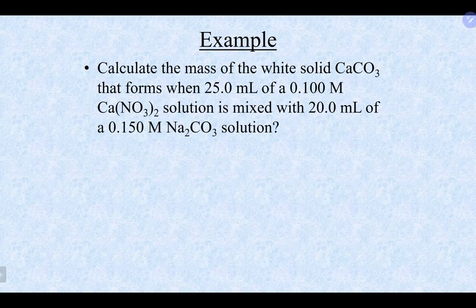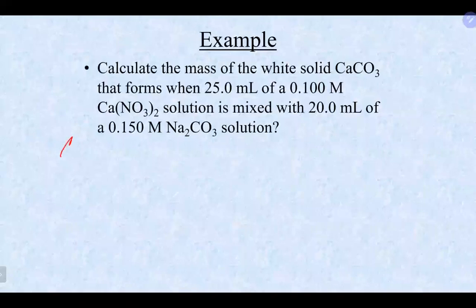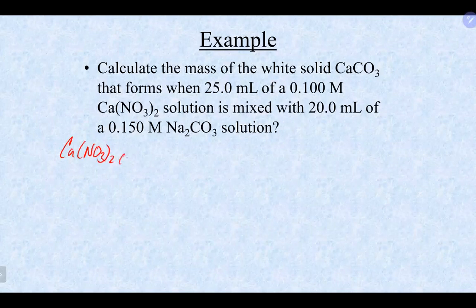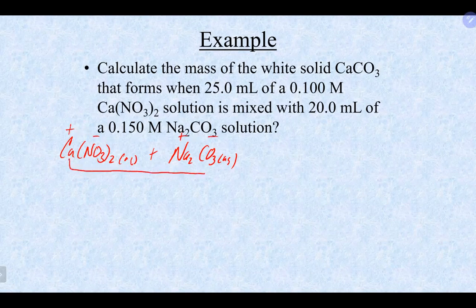So I'm going to give you some information here. And again, let's talk a little bit about the equation to get you started. We are mixing calcium nitrate with sodium carbonate. And once again, you should recognize this hopefully as a double displacement reaction, where our positive ions will switch partners.